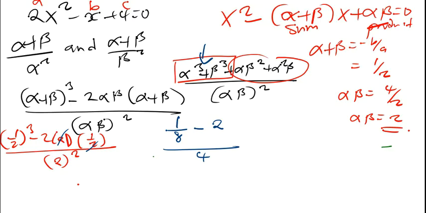Do you know that 1 over 8 minus 2 over 1 is the same as, I put times 8 divided by 8, then on top I'll have 16. If you don't understand here, do the normal way, divide it by 1. So it will be 1 minus 16, which is -15 over 8.